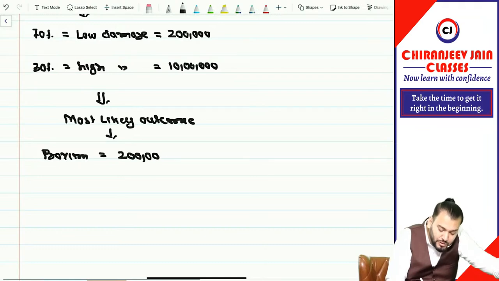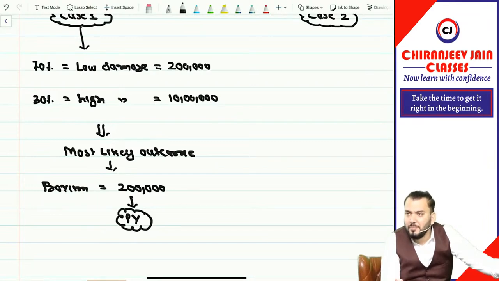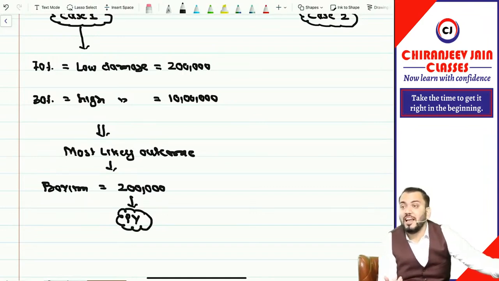And of course, it should be discounted, meaning if a rate of discount is given, you can discount it. Have you understood? This is known as the most likely outcome method.